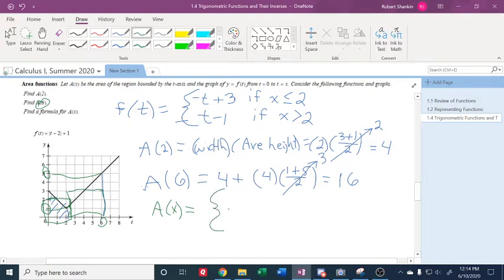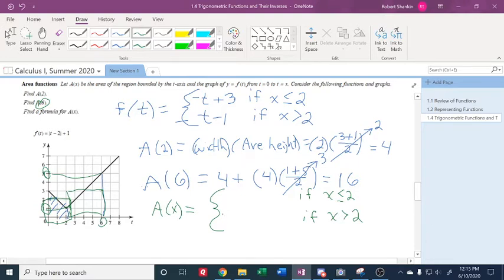You're going to get one formula for it if x is less than or equal to 2, and another formula if x is greater than 2. And when x gets all the way up to 2, this top formula should wind up giving us 4, because we know the area of 2 is 4. So that's kind of a way to check our work.